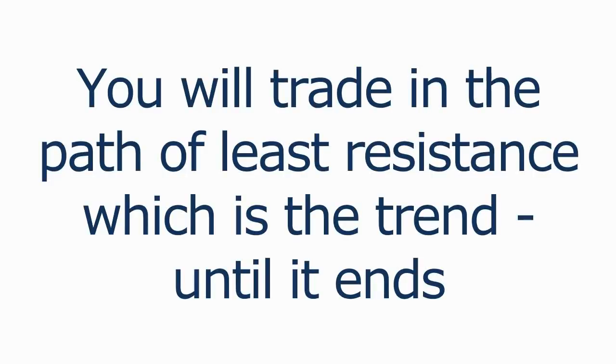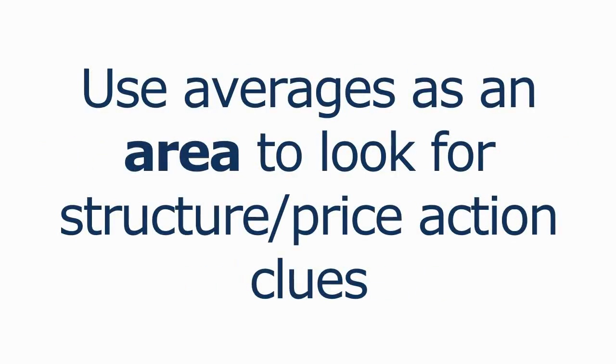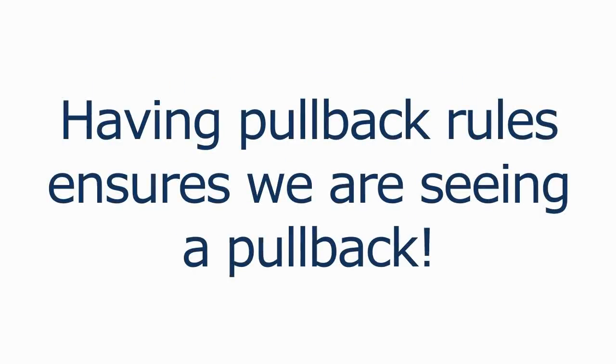And as indicated by the charts I've shown, using an average as a suggestion of where you should look for trading setups or signals is a great start. Just look left to see if price is pulling back into some sort of price structure. Having price pull back into the space between the two lines of the crossover strategy ensures that you're seeing an actual pullback in price.